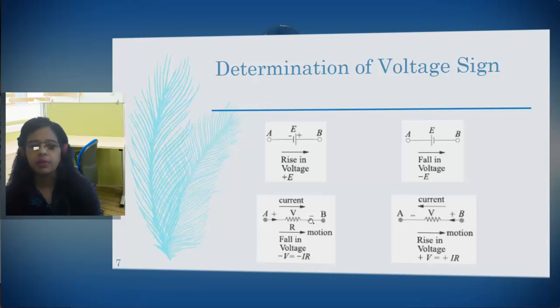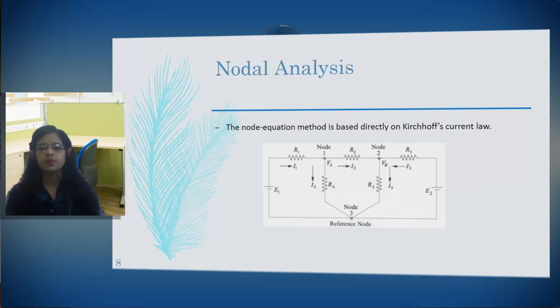Again here from plus to minus, drop in potential, so it is minus. From minus to plus, it will be plus. So this way we consider the voltage sign.